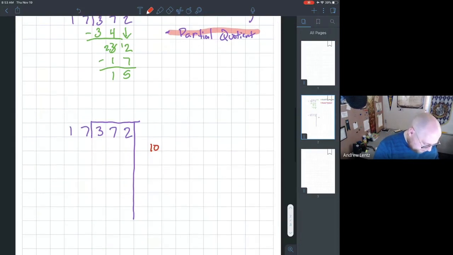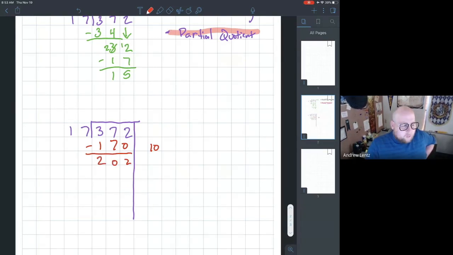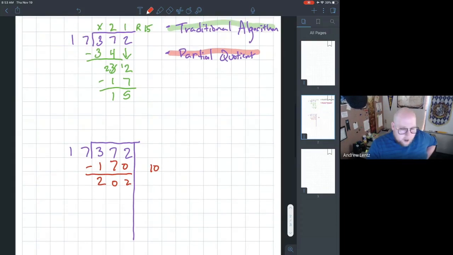I'm going to subtract, 202. Oh, wait, that's really awesome because now I know I can pull out another 10, because that's another 170. So I'm going to pull out 10 more.